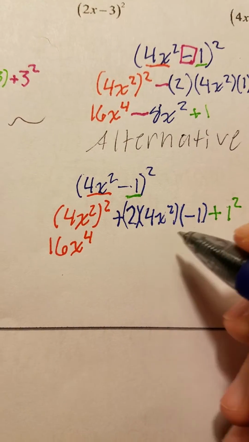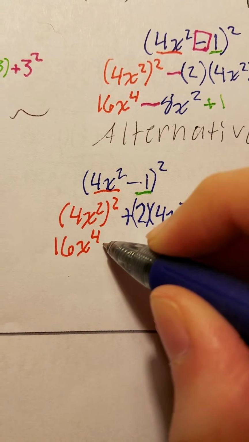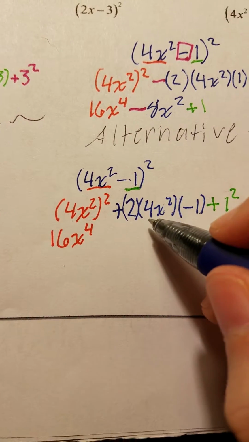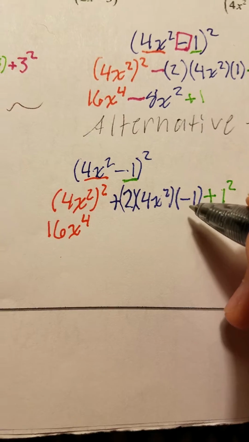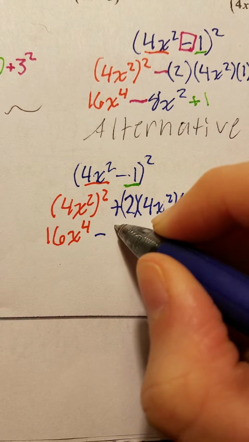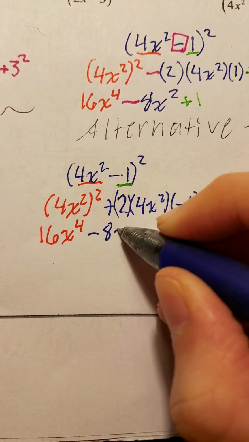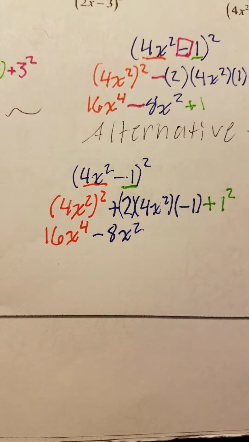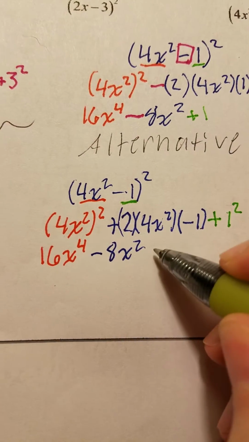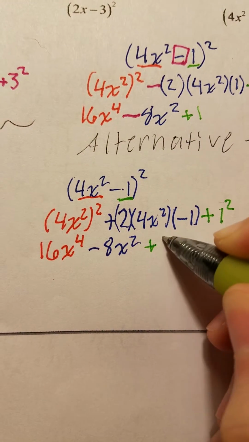Then 2 times 4 times negative 1. 2 times 4 equals 8 times negative 1. That makes it a negative 8. You see how that works? Negative 8x squared. And then 1 squared equals positive 1.